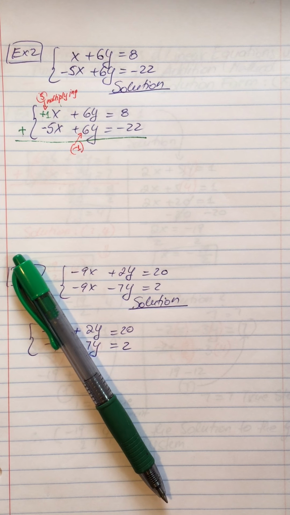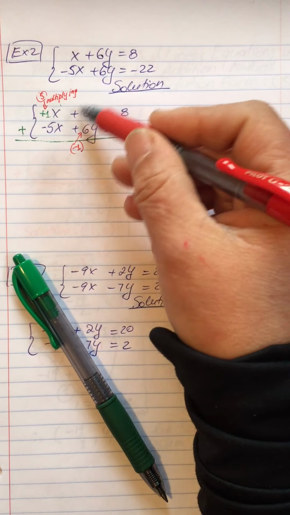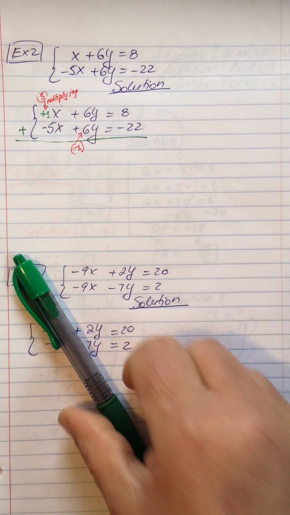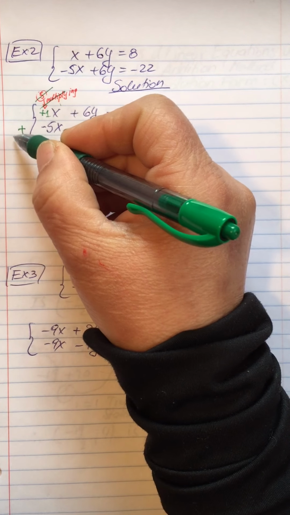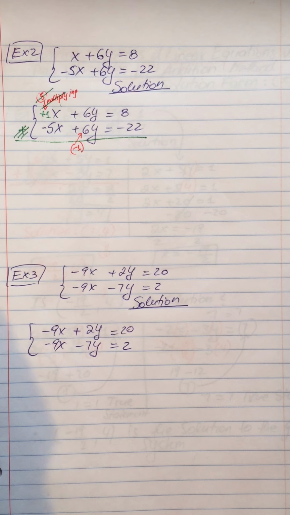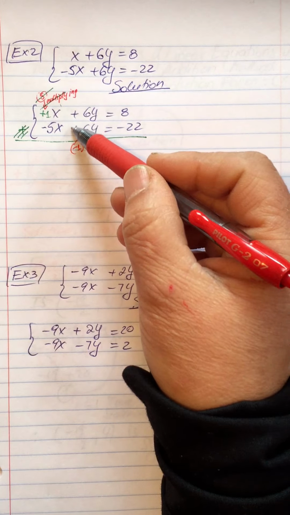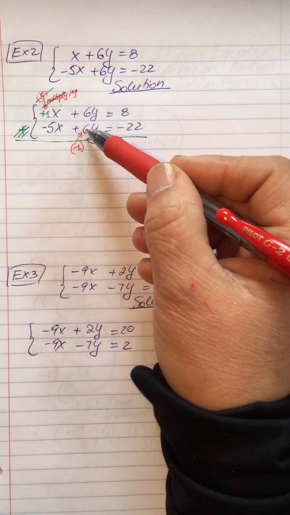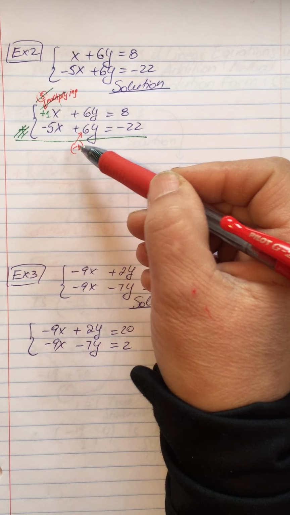Now, I will have to choose x or y. I'm choosing to eliminate y, so forget about multiplying by 5 here, and forget about addition for now. I decided to change this positive 6 into negative 6 by multiplying 6 by negative 1.